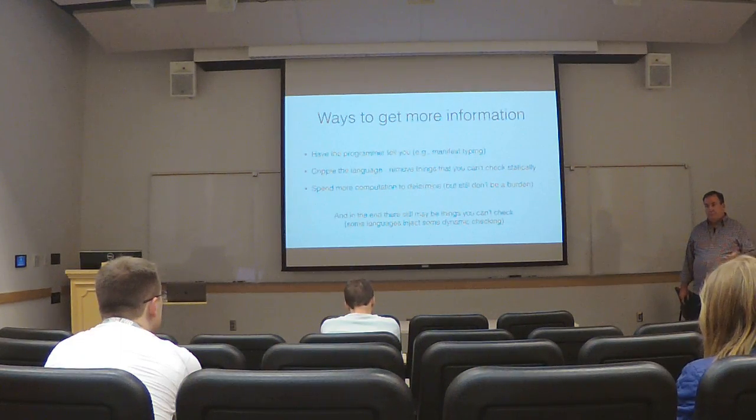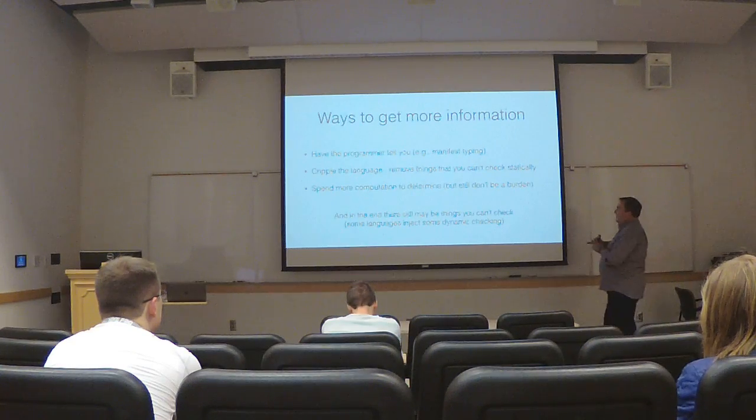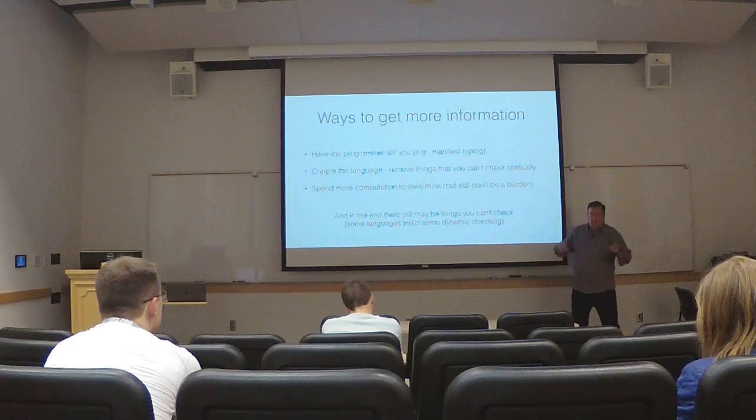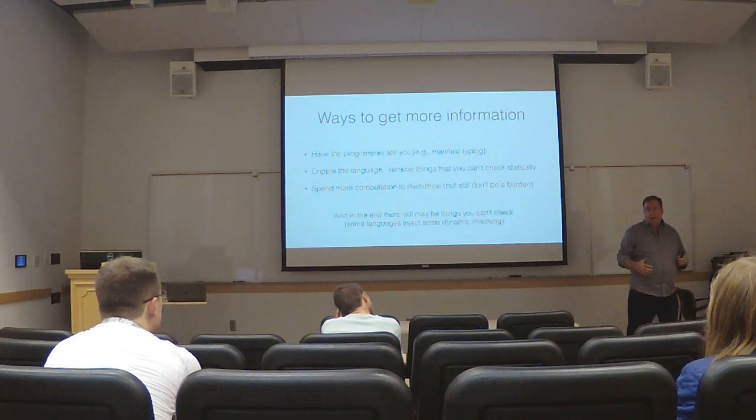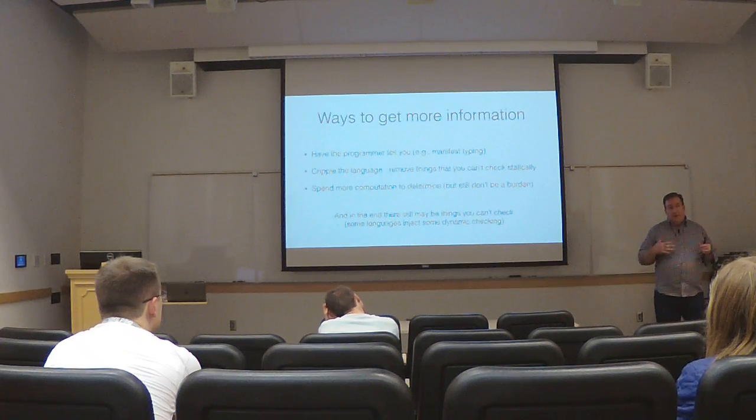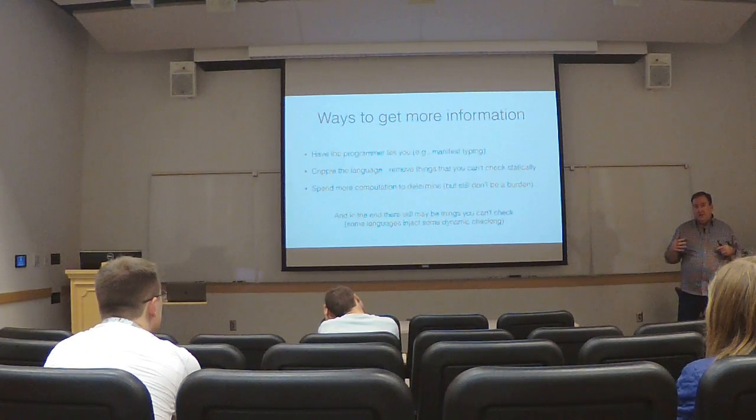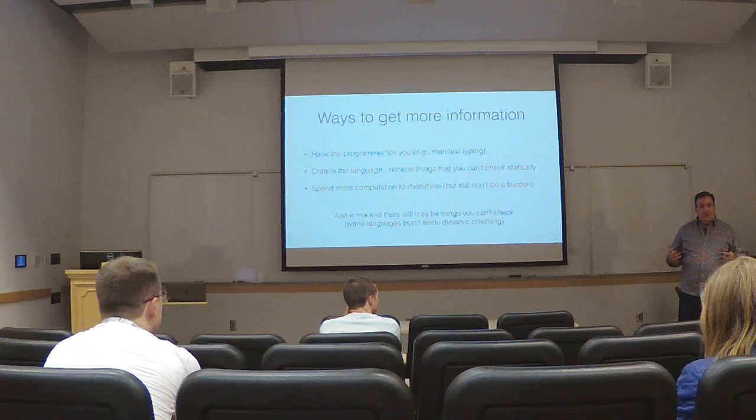just to make the type system work a little easier. Another, I'm going to jump to this third point here, is you can also spend more computation to try to figure it out. You can do what's called type inference, that we're going to get into in a little bit, where I can actually work harder to figure out the type of everything. Even then, there might be some I can't figure out. And so there are some systems that don't require you to declare the type of everything most of the time.